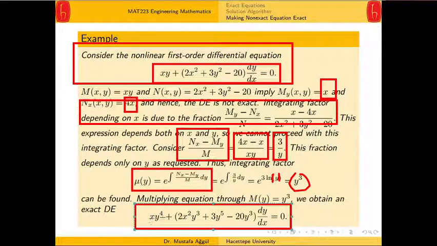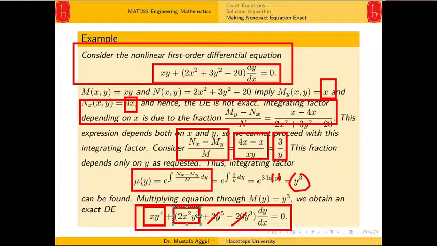We take the y derivative of M, our new M, and this will be 4xy cubed. Then we take the x derivative of the new N; the other term cancels because we are taking the x derivative, and we also get 4xy cubed. They are the same, so this is an exact equation. Now we can proceed with our algorithm and solve this exact equation.